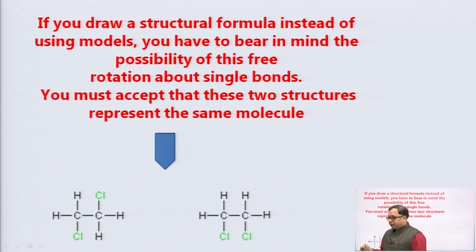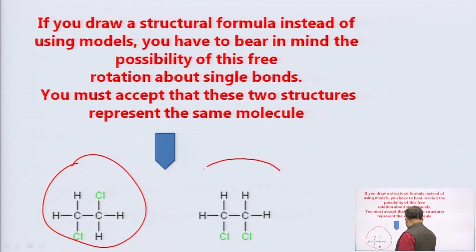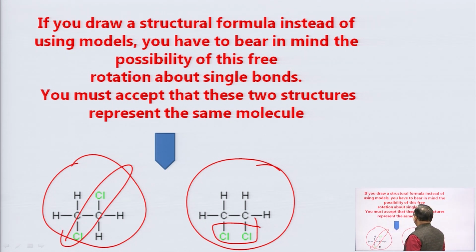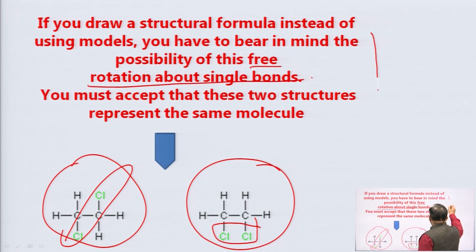Now, to explore it further, let us draw these two models with the help of a line diagram. Here you can see that in these two diagrams the chlorine atoms are on the same side, and here the chlorine atoms are opposite to each other. So, free rotation about the single bond. What does it mean?